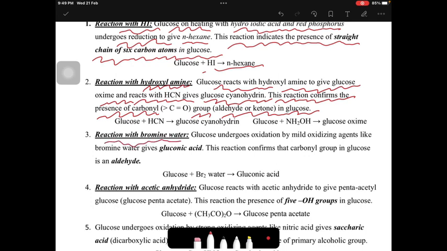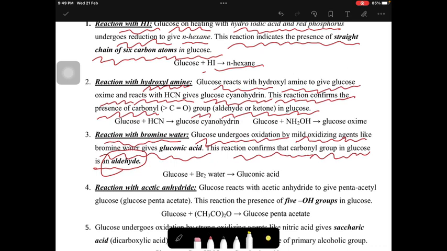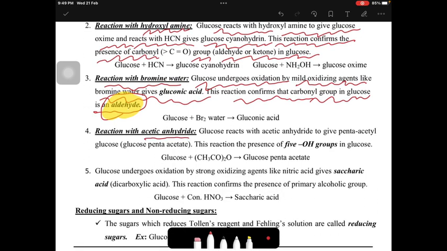Reaction with bromine water. Glucose undergoes oxidation by a mild oxidizing agent like bromine water to give gluconic acid. This reaction confirms that the carbonyl group in glucose is an aldehyde. Next, reaction with acetic anhydride. Glucose reacts with acetic anhydride to give pentaacetyl glucose.